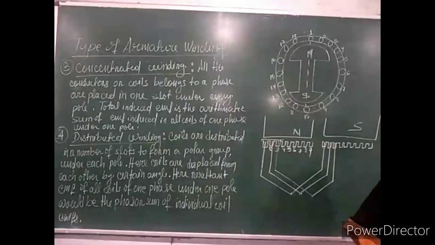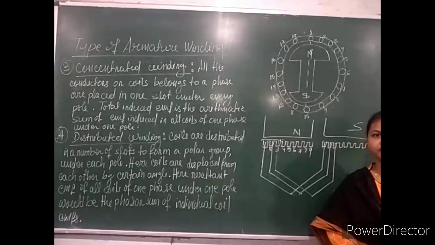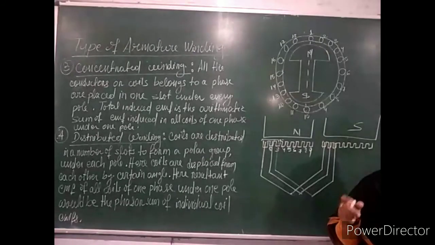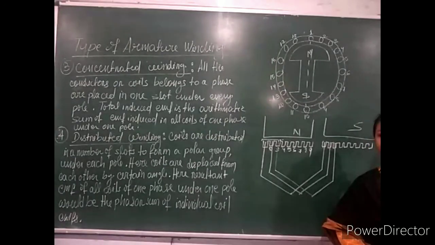So in this portion you have learned the types of armature winding, that is full pitch winding, short pitch winding, concentrated winding and distributed winding. And you are clear about their comparison, meaning what the advantages of short pitching the winding are, and due to the reduction of harmonics, what the effect on the armature winding is.